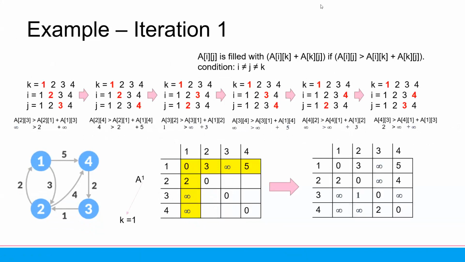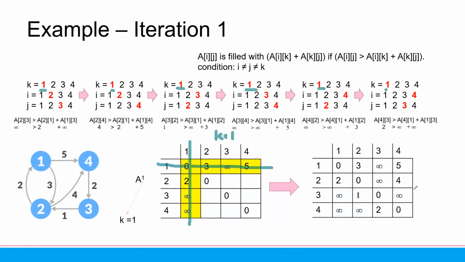When we do iteration 1, it means we are making k equal to 1. When k equals 1, we close this row and this column, because k equals 1, so we close row 1 and column 1.